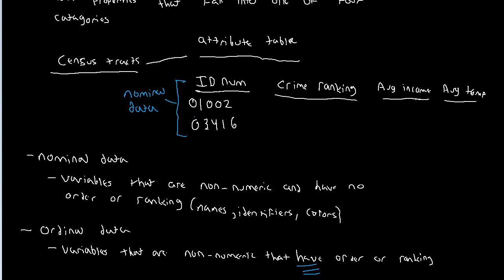So let's go back to this idea of the census tract. So we have this attribute here called crime ranking. And in the crime ranking, we may have something like high, medium, low, etc. When you look at this, intuitively, you say, oh, high would have more crime than a low crime ranking tract.